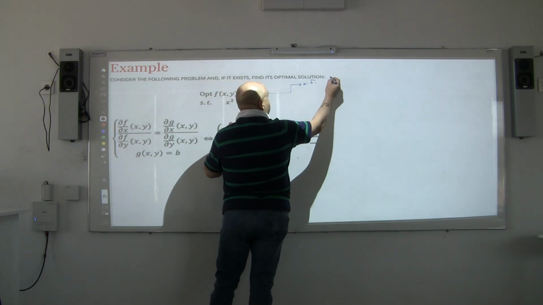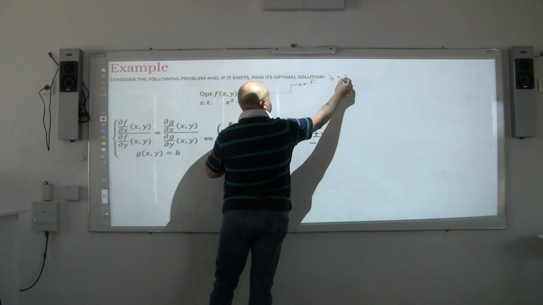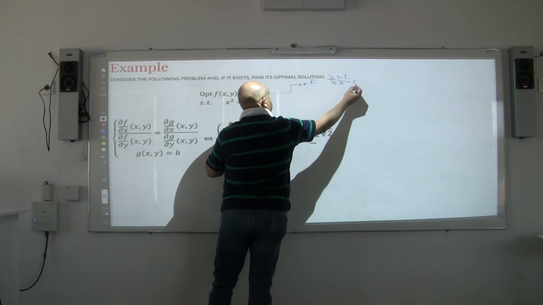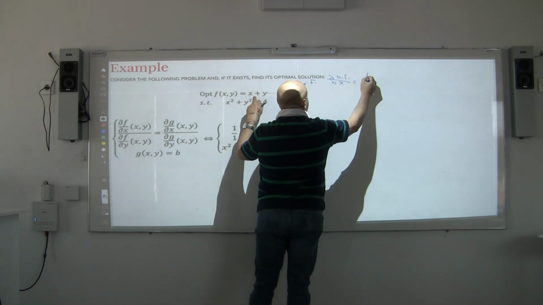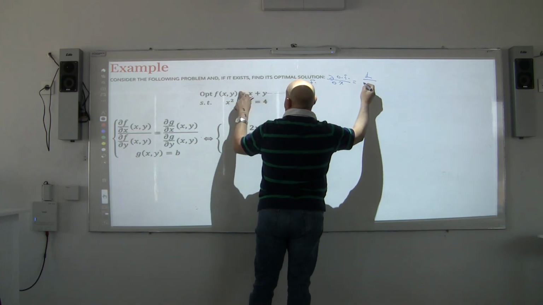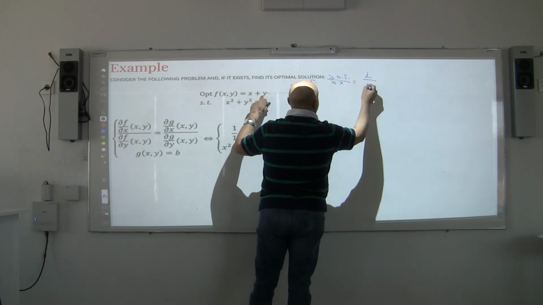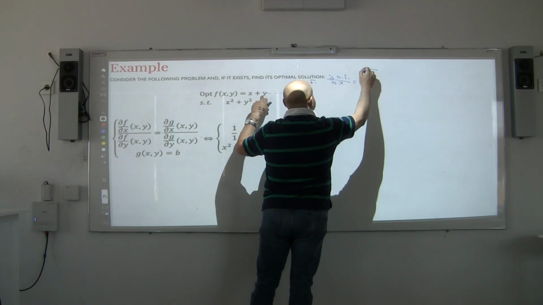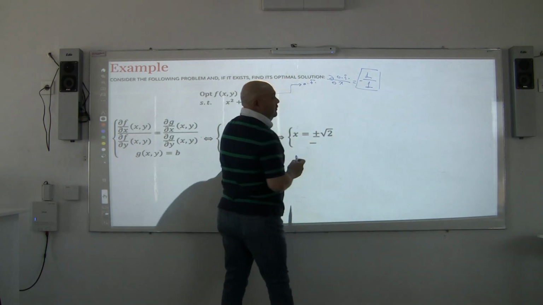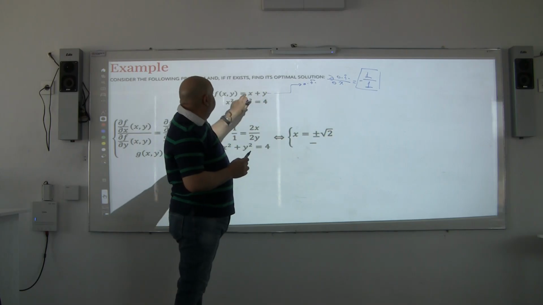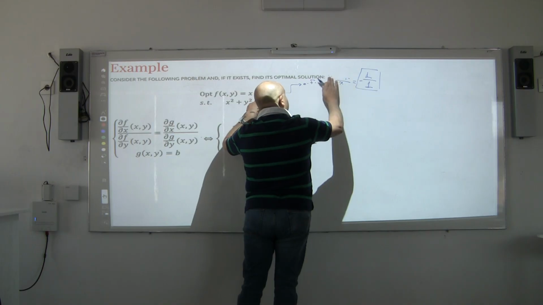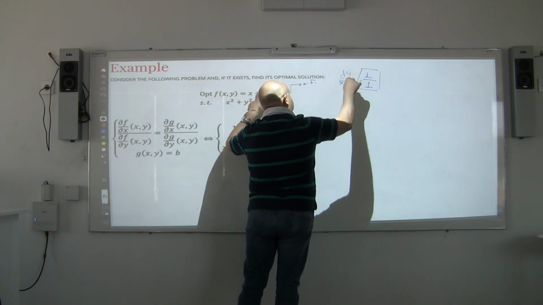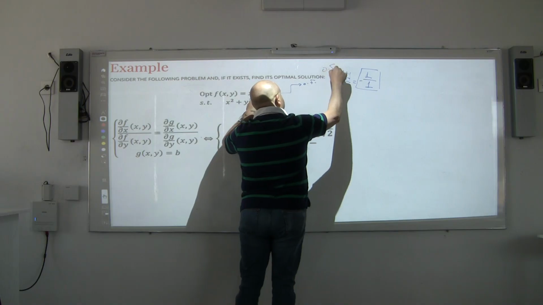The partial derivative with respect to x is 1, divided by the partial derivative of the objective function with respect to y, which is 1, with a negative sign. That's the implicit function theorem applied to f of x and y, giving dy by dx for the objective function.